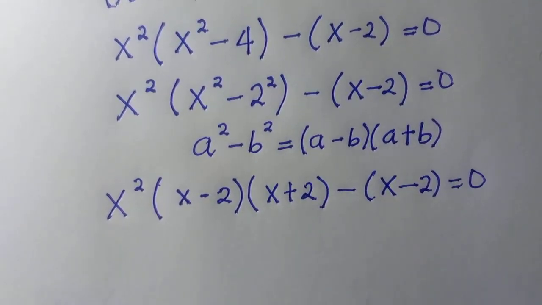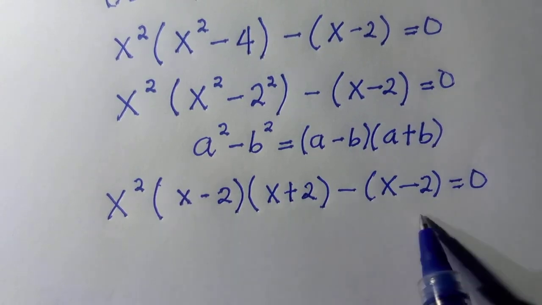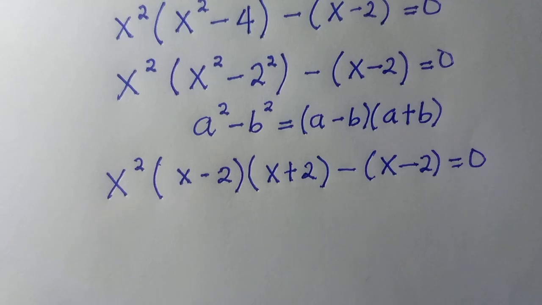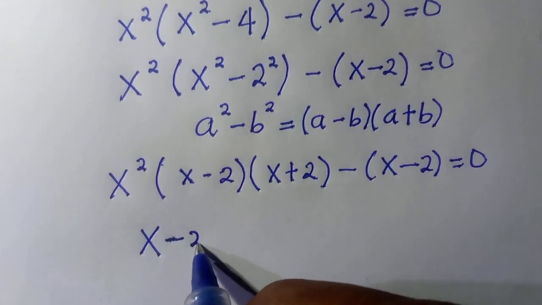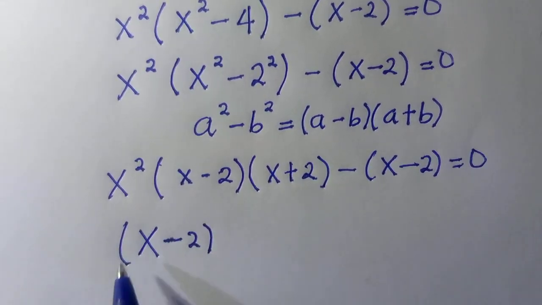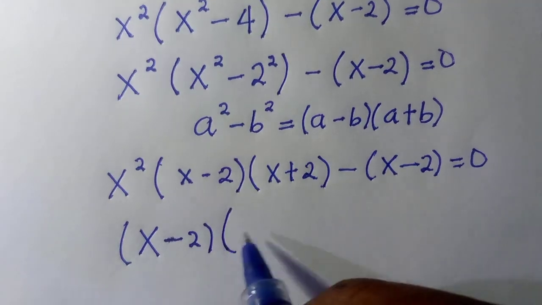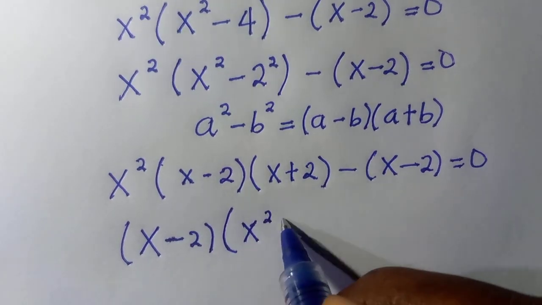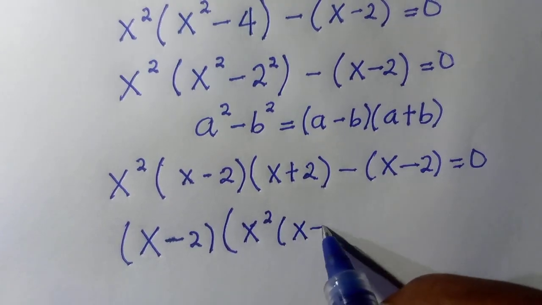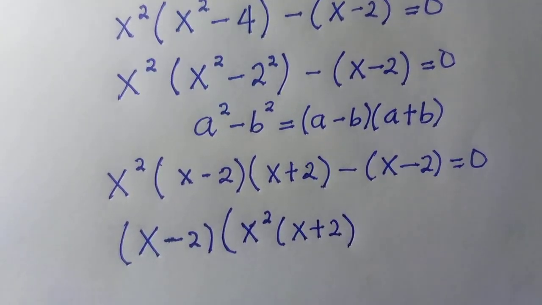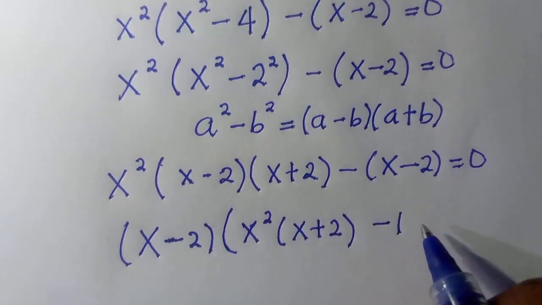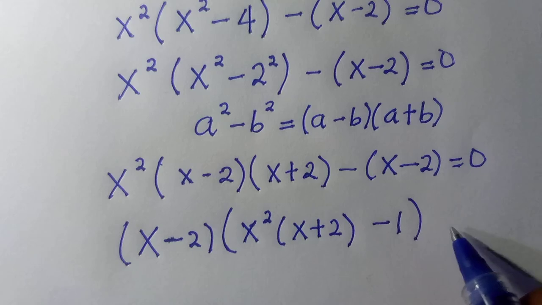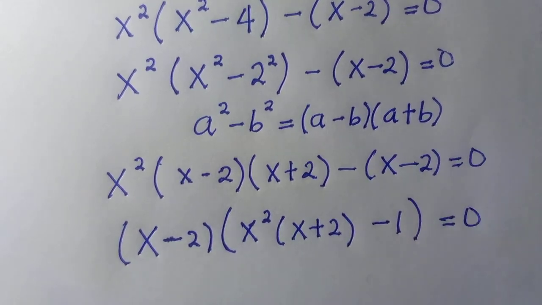On getting to this stage, x − 2 and x − 2 is common. Let's try to take it out. By taking it out, we have (x − 2) outside. So here we have x²(x + 2), then for this one, since we are taking out what is common, which is x − 2, here remains 1. And we close the parentheses, everything equals 0.